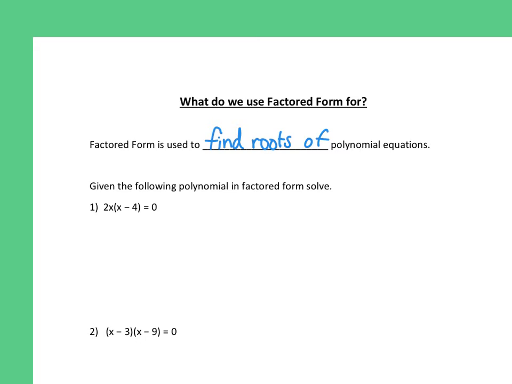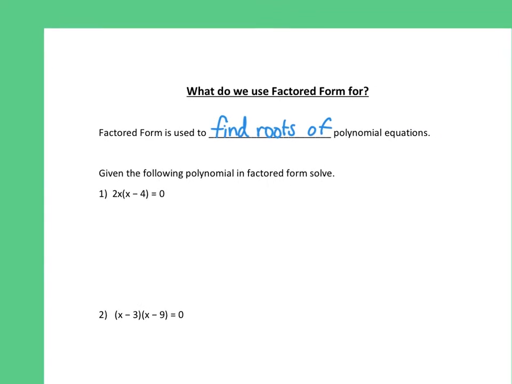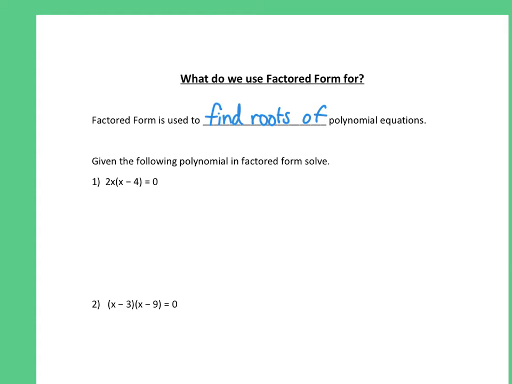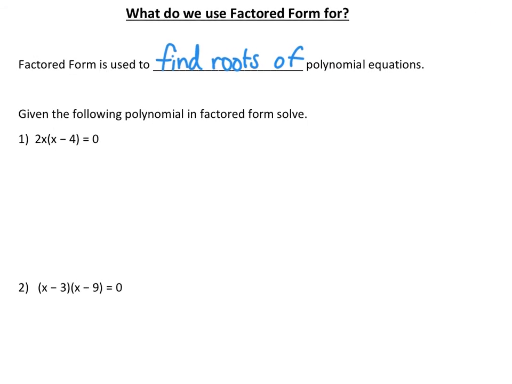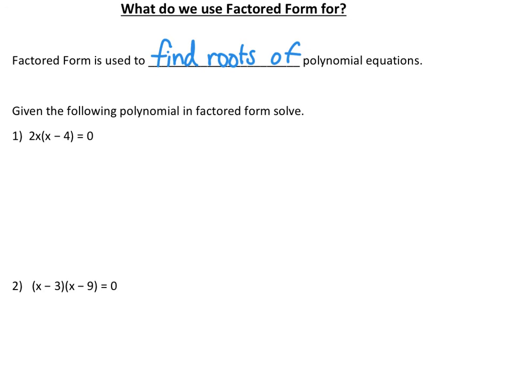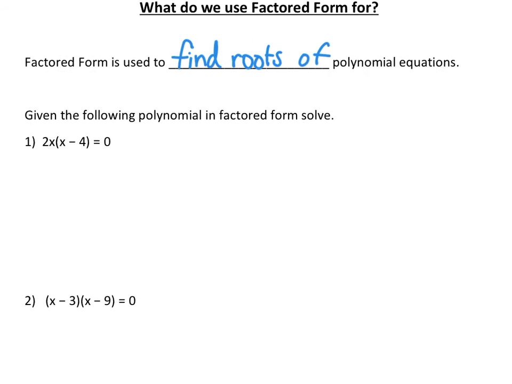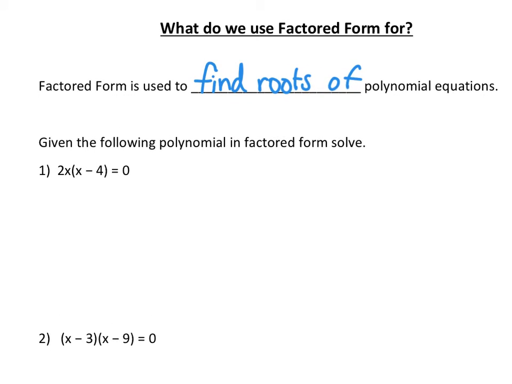Okay, it's basically how many times it crosses the x-axis and where at. So, given the following polynomial in factored form, go ahead and solve it, okay? When they've given it to us in factored form already, this is the easy part, okay? Because we don't actually have to factor it.